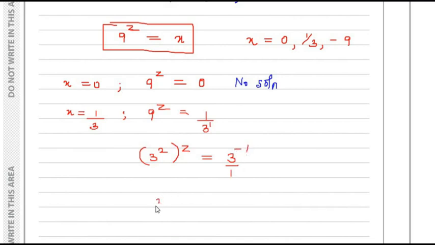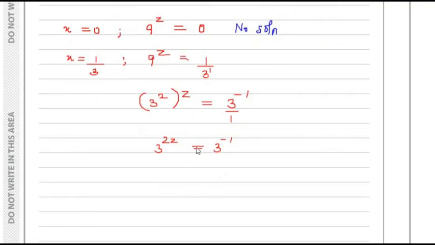So we have 3 to the power of 2z is equal to 3 to the power of -1. Once we have the same bases we can simply cancel off the bases and equate the powers: 2z equal to -1, or z is equal to -1/2. So this is the first value of z we got, and here it was no solution, but when x equal to 1/3 we get z as -1/2.